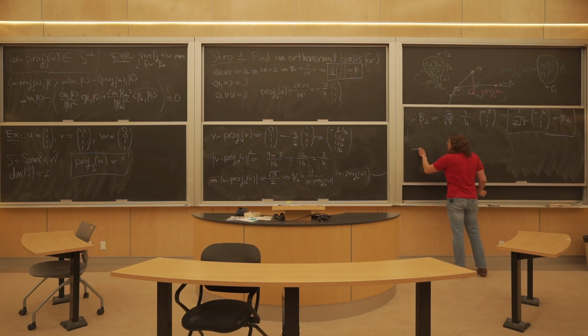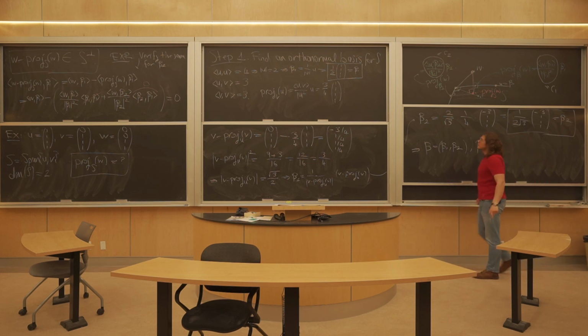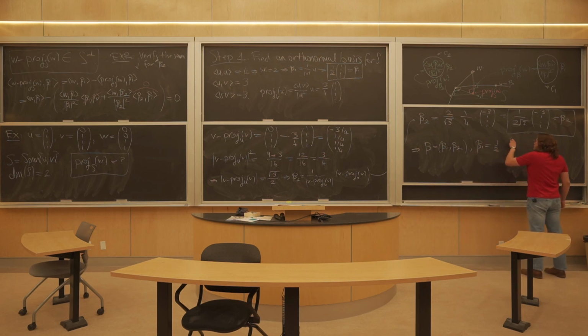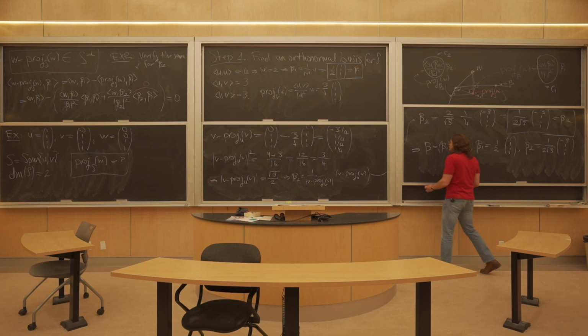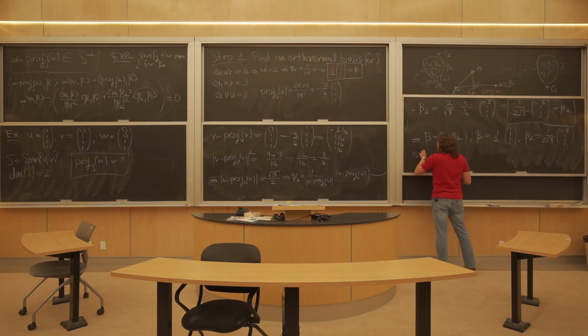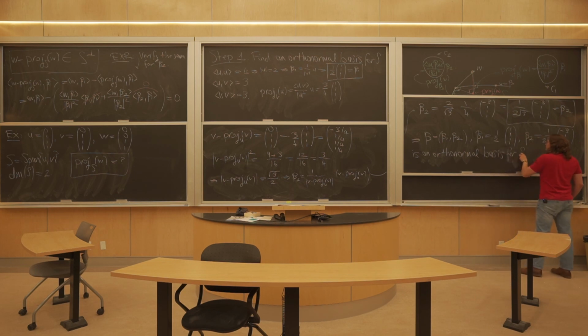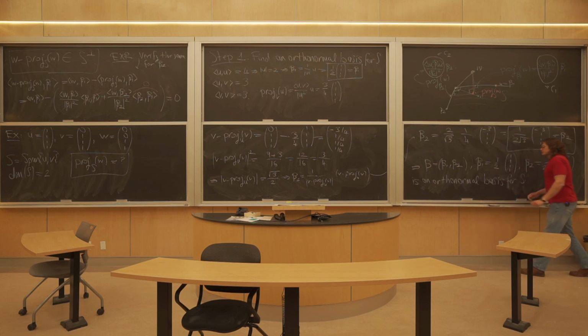Okay? So that beta consisting of beta 1 and beta 2, where beta 1 is that vector, and beta 2 is this vector, is an orthonormal basis for S. Okay.